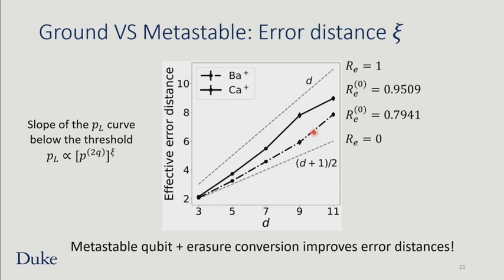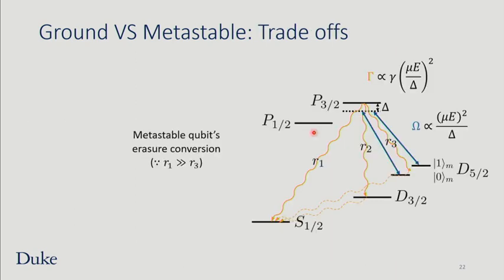Okay, so if this was the end of the story, I would immediately go tell everyone, please use metastable qubits. But as everything in life is, there are trade-offs. And so what are the trade-offs? Well, we have to first go back to why we had this erasure conversion in the first place. And that was because we had this R1 branching fraction much larger than R3. And why was that?